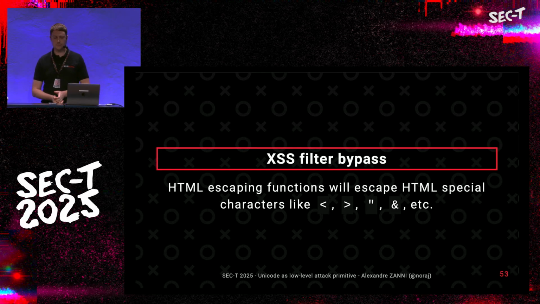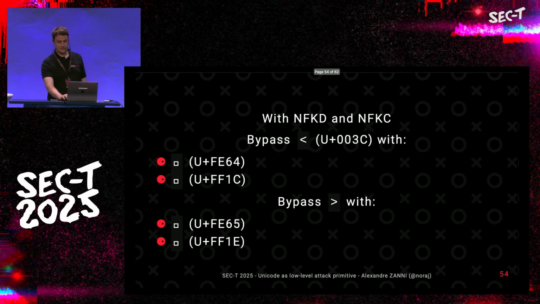So the second attack I'll talk about is how to bypass some XSS filters using normalization. I will show two examples. Normally, developers use a function like this to escape HTML entities, so HTML special characters will be in an escaped form.